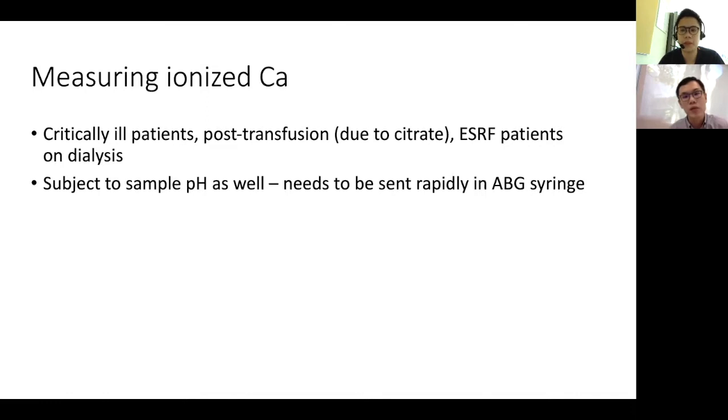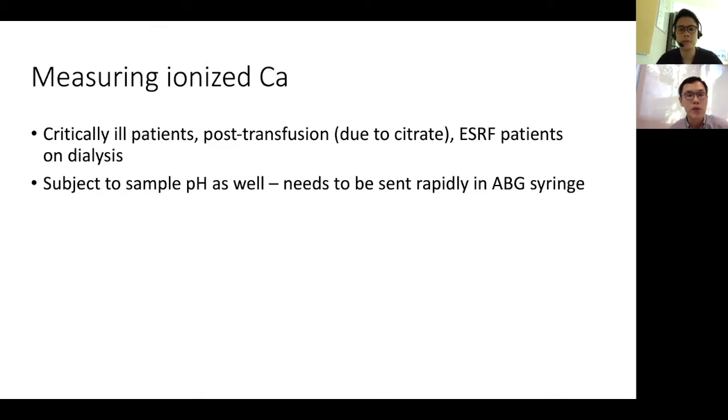So it's really by understanding this principle that you figure out that it is in states whereby you have changes in terms of the protein binding, or even fluctuations in the pH, because pH affects the degree of protein binding to calcium, that you may need to monitor ionized calcium. A lot of times this is in the ICU setting, for patients who are on CRRT, where you monitor ionized calcium rather than the total and adjusted calcium.